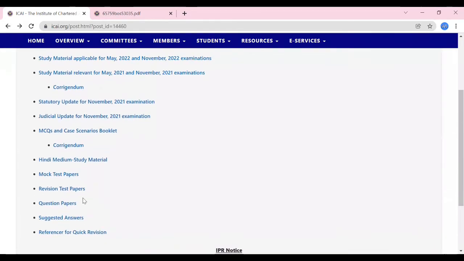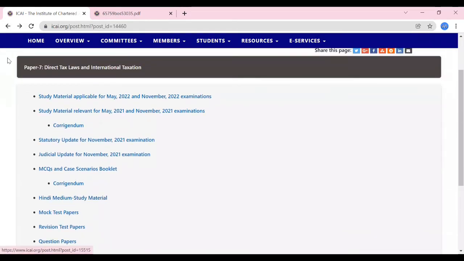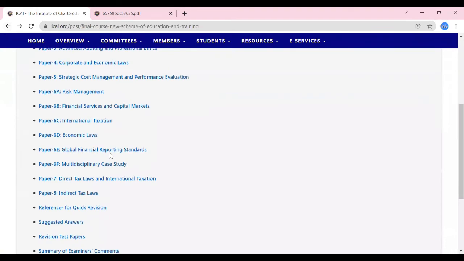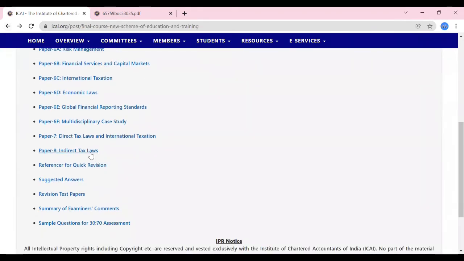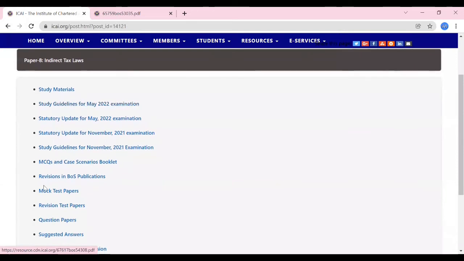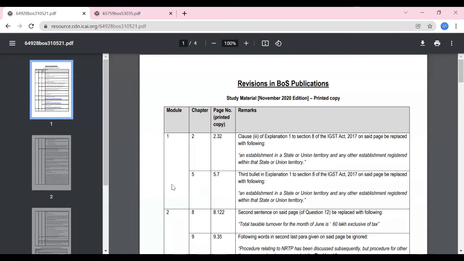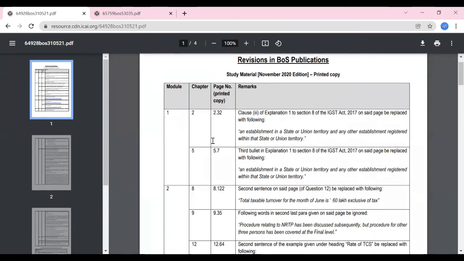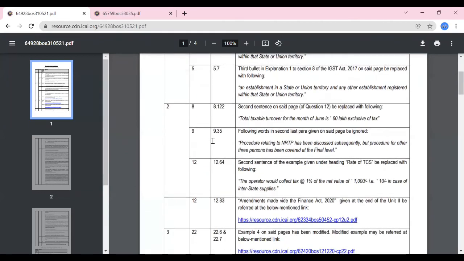Again, there could be certain corrigendums which could be issued by ICAI to correct any errors which have popped in. So do go through those. Revisions in BOS publications are again certain changes which ICAI makes in its past publications.